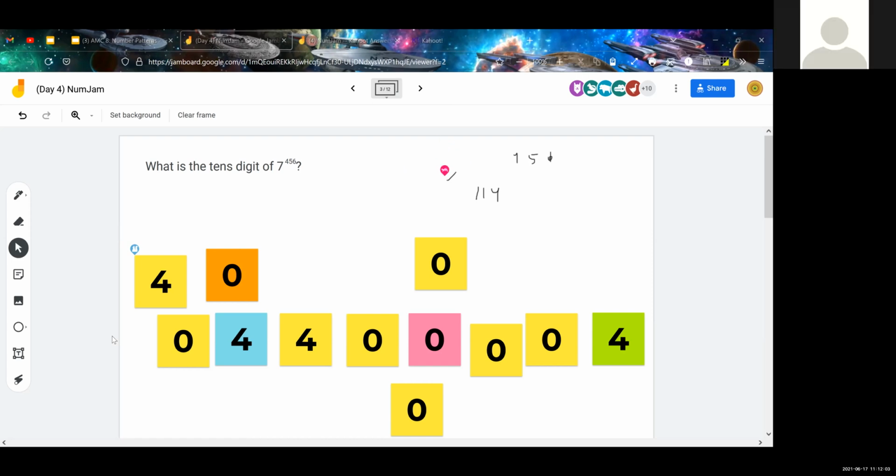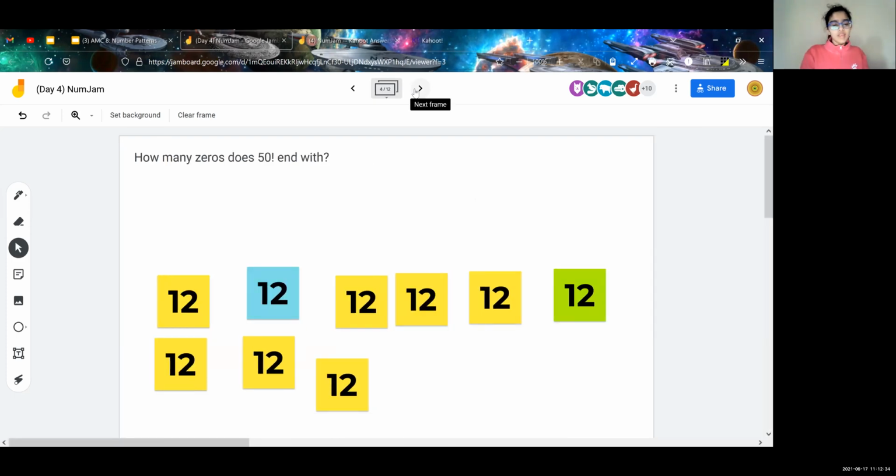If the mod is 0, you take the last one of the cycle, because 0 mod x would be equal to x mod x, so it would be the last number. Someone in the chat private messaged me asking what's the answer. I'm assuming you're talking about number 2. The answer is 0.